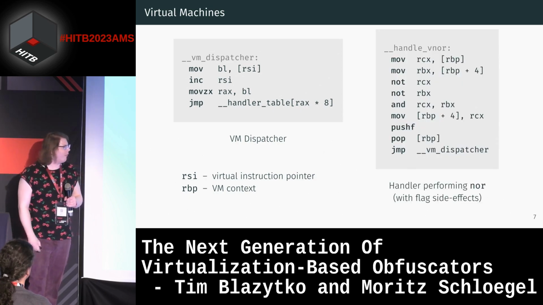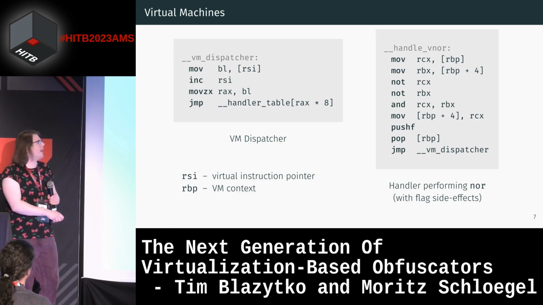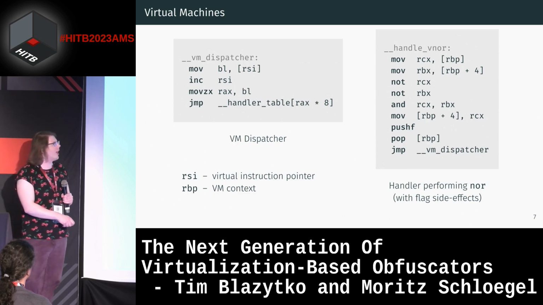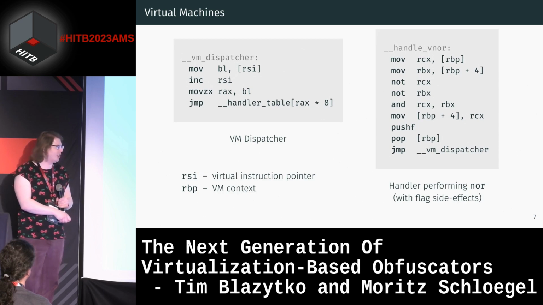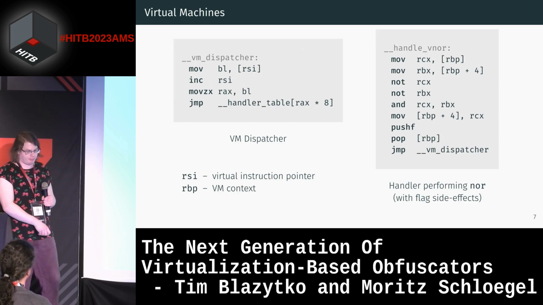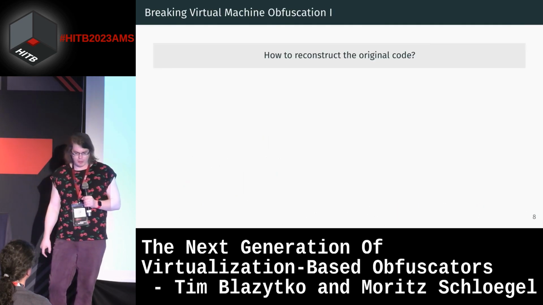We also have an example handler here, where we have two arguments, one at RBP, the other at RBP plus 4. Once we loaded them into registers, we perform some arithmetic operations, then store the result back into the VM register, perform some flag operations, and jump back to the dispatcher. These are some examples of how current VMs may look like.